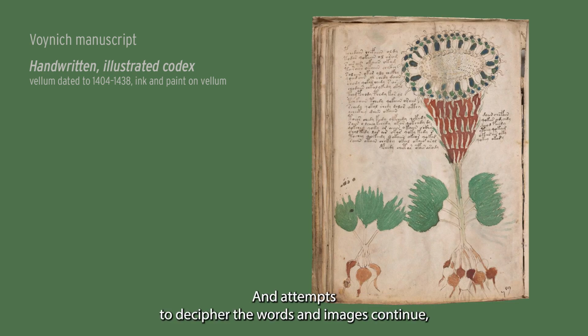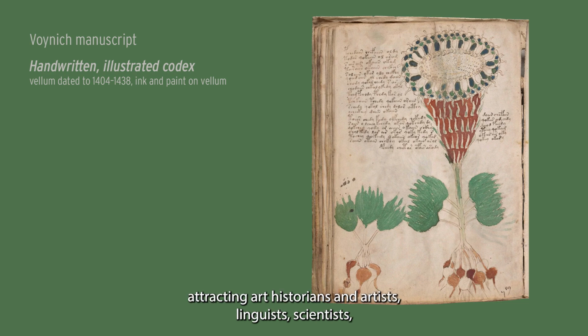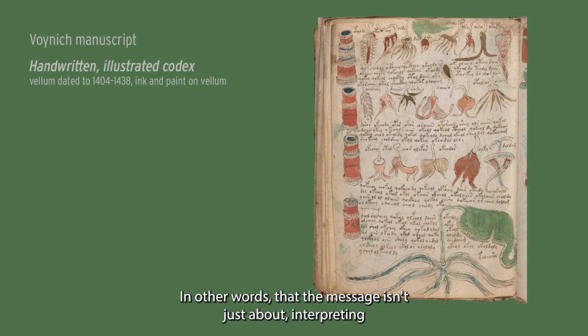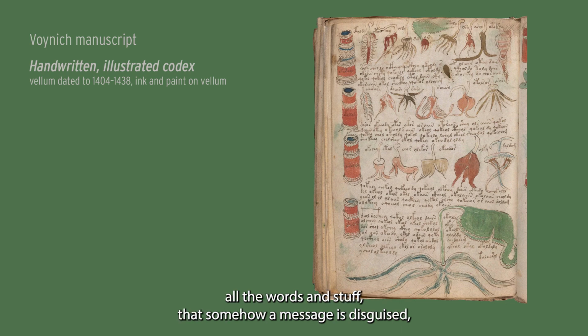And attempts to decipher the words and images continue, attracting art historians and artists, linguists, scientists, and conspiracy theorists with their interpretations. And some think steganography has been employed in the making of this book. In other words, that the message isn't just about interpreting all the words, that somehow a message is disguised as parts of the words or within the pictures.